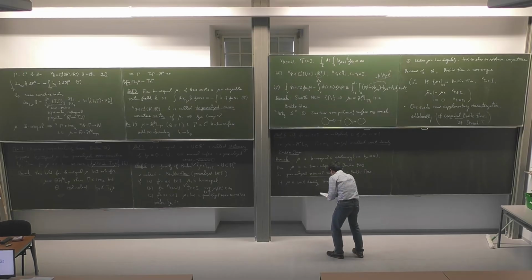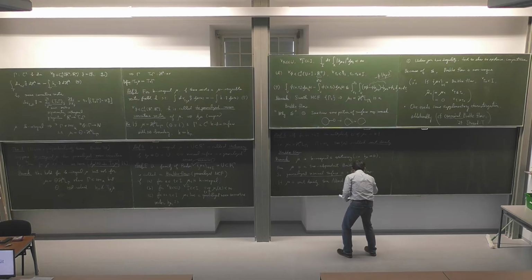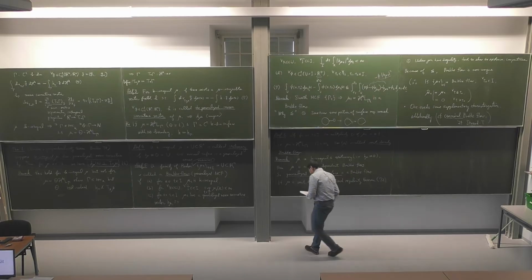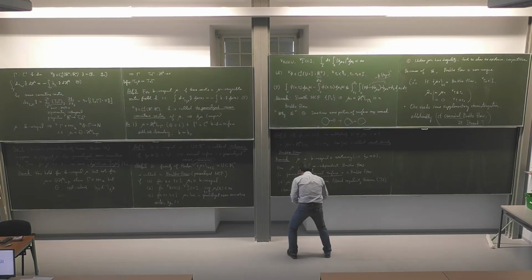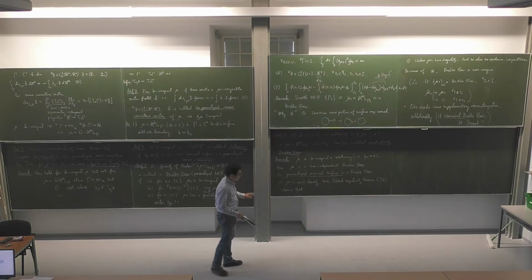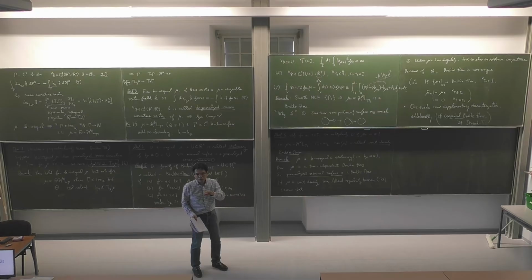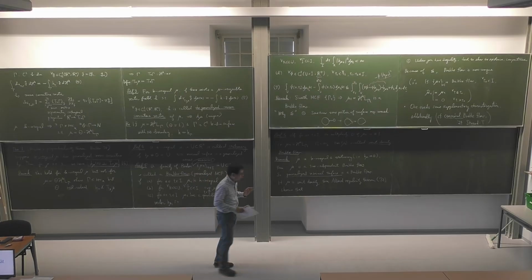Allard's theorem, 72, tells you that this generalized minimal surface is actually smooth except for a measure 0 set. So it's actually quite smooth.